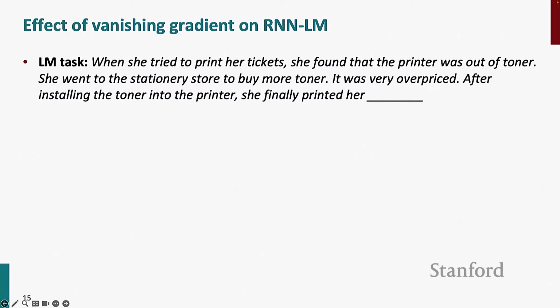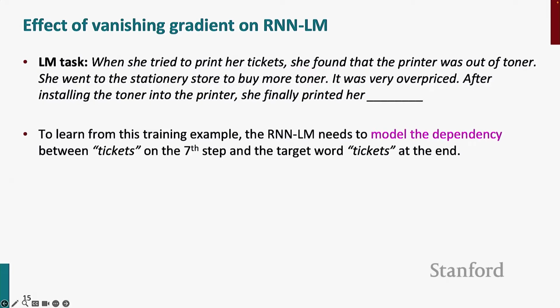You're certainly not going to guess tickets. So we want these really long distance dependencies, but we're only going to be able to learn them if we're getting sufficient signal between that position and where the word tickets appears near the beginning, so that we can learn that having tickets 20 words back is a good predictive thing for predicting tickets here.